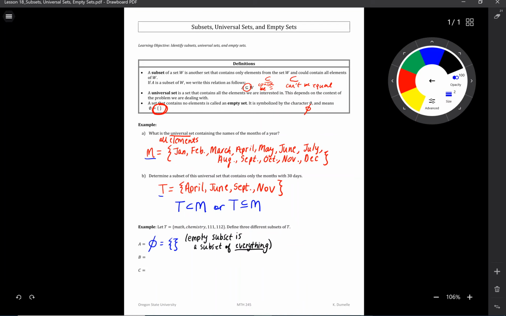Okay, another subset that we could make is, maybe I'll say math 111.